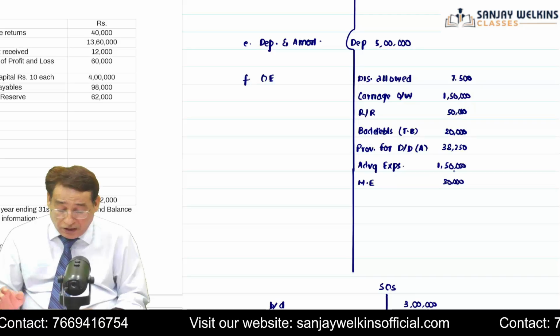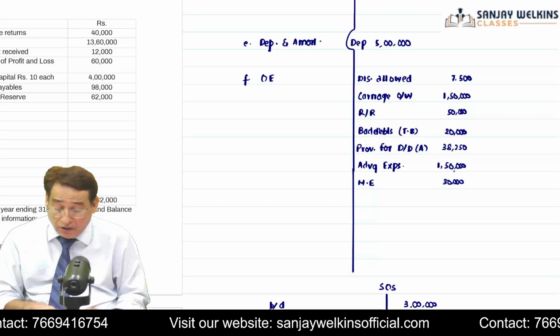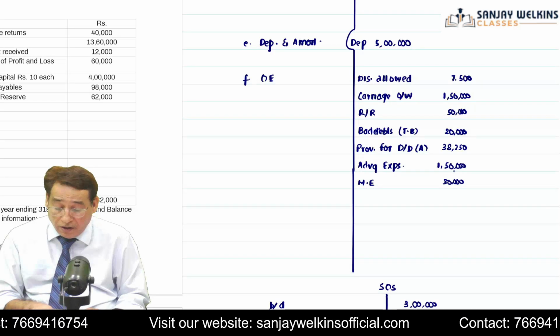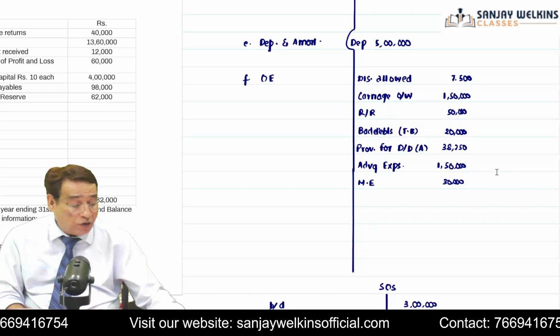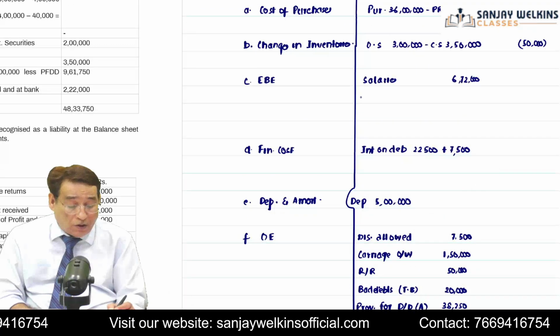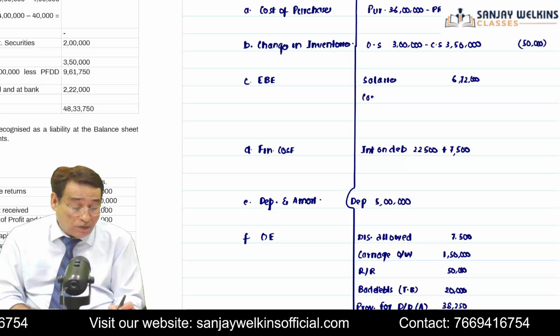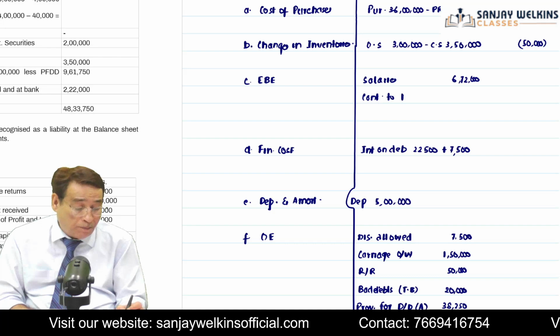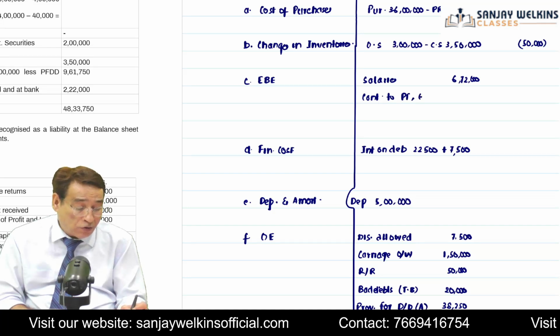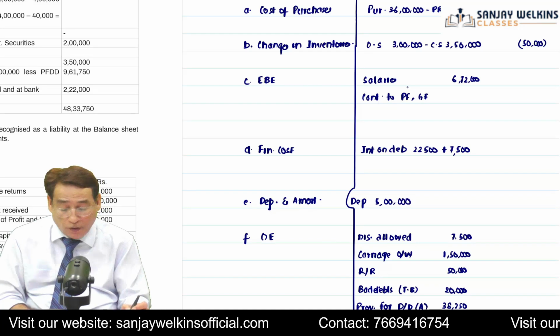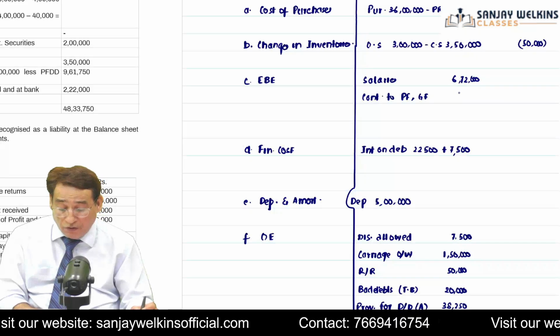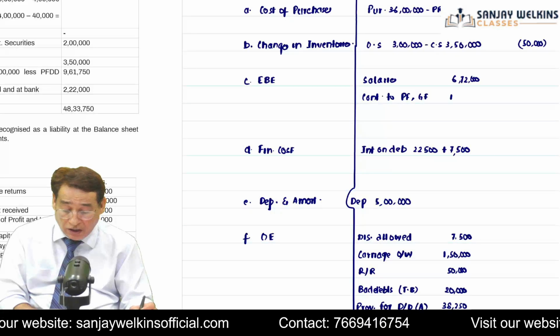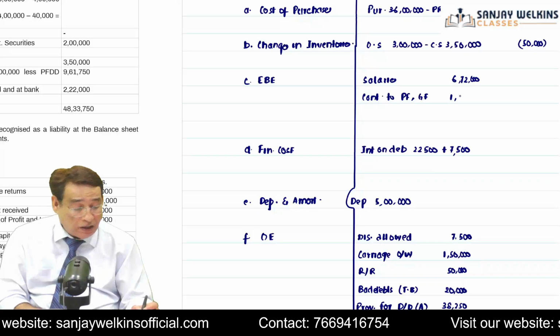After this, we are being given contribution to provident fund and gratuity fund. That will come under employee benefit expenses. Contribution to provident fund, gratuity fund, or employee security fund always comes over here. That is equal to 1 lakh.